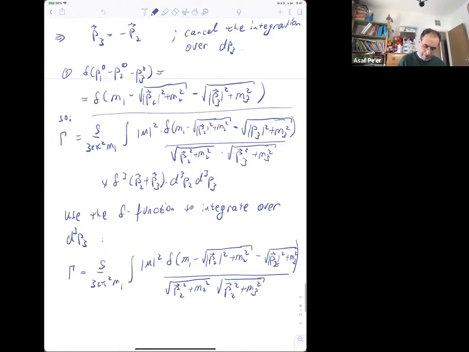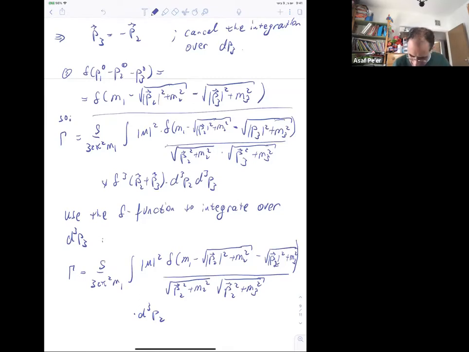And now we're simply left with the integration over d cube P2. That's the nice thing about these calculations: you start with very nasty integrals, but then you have plenty of delta functions, and you end up, as you're going to see, not having to do any real integration at all.